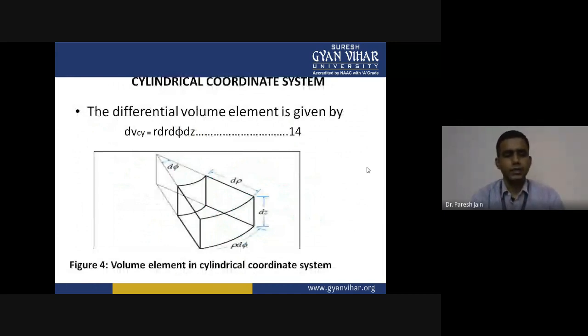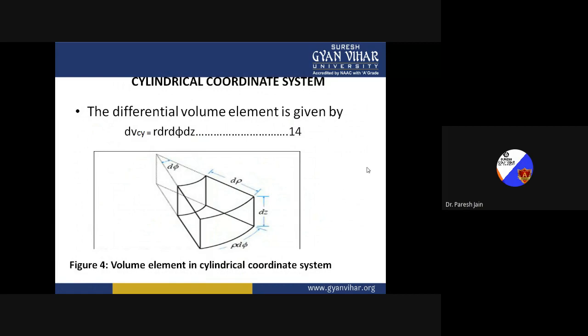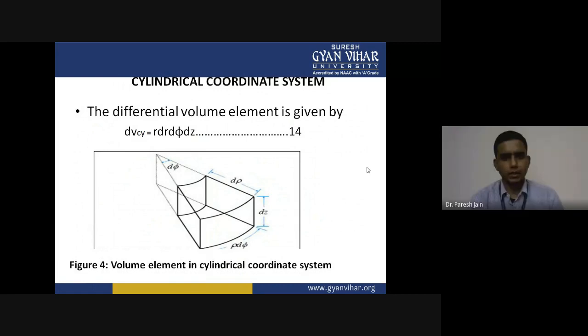This is the geometry which shows that the differential volume element is given by dv equal to r dr d phi dz. In this volume, the radial component r, or radius, is multiplied with the differential element of the cylindrical coordinate.